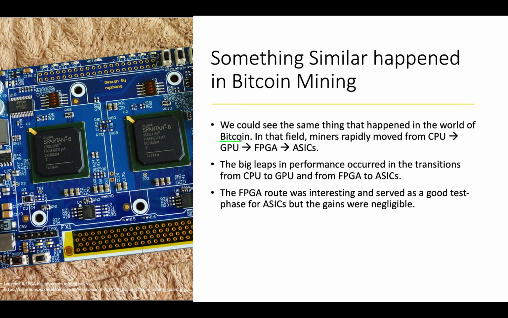In the Bitcoin mining field, miners rapidly moved from CPUs initially to GPUs. Then they switched to FPGAs, and nowadays they basically use their own ASICs, specifically designed for Bitcoin mining.